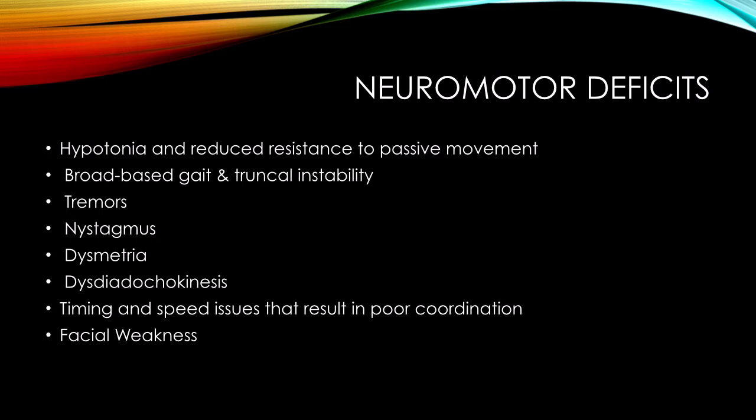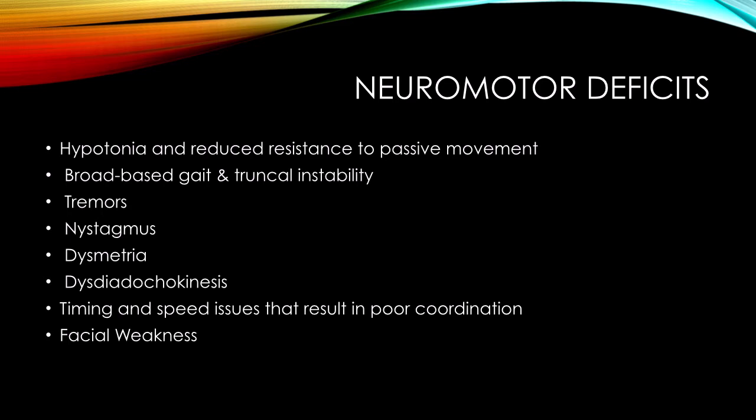When observing neuromuscular deficits, these individuals will have difficulty standing and or walking, as they will present with a wide gait and truncal instability. They may have tremors. Nystagmus eye movements may be observed in these individuals. Dysmetria is common. Dysmetria is a disturbance in the trajectory of a moving body part or inability to control movement range.